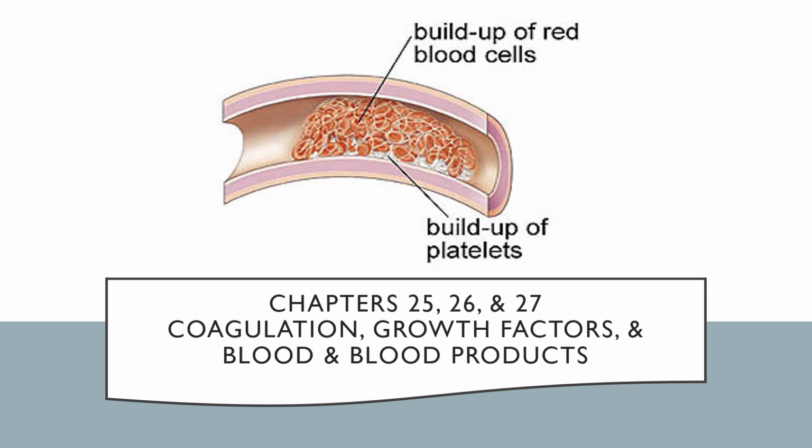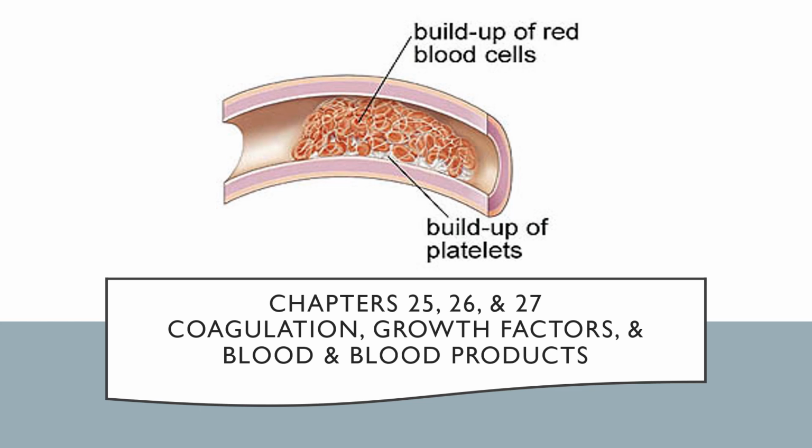Or you're taking a medication that is inhibiting the coagulation system, that is stopping you from forming a clot. And there's also medications that inhibit the platelets, such as aspirin or non-steroidal anti-inflammatories, and they can stop the platelets from forming the initial platelet plug.